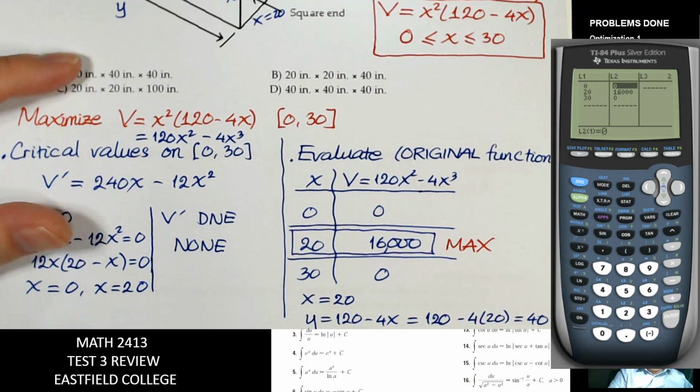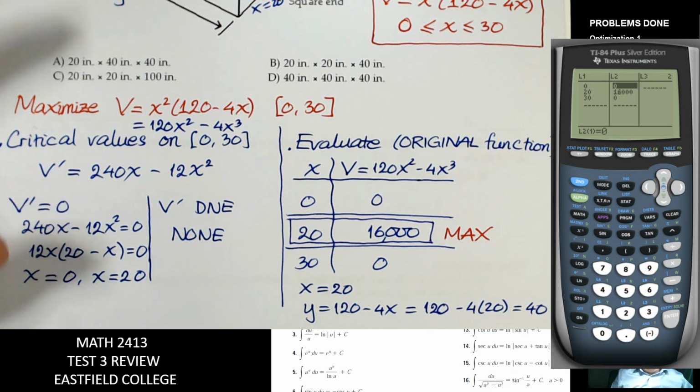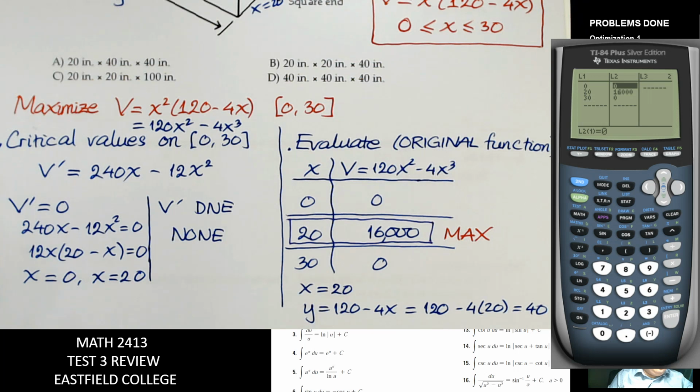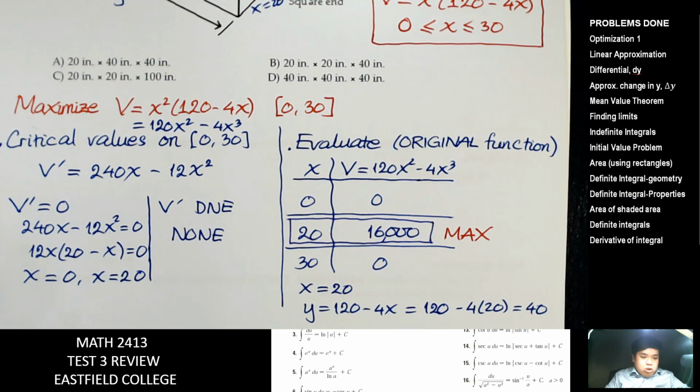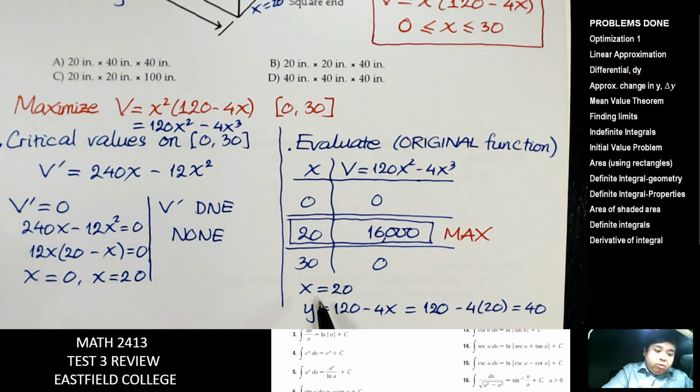So x is 20 and y is 40. So the one with the maximum volume is 20, 20, and 40.